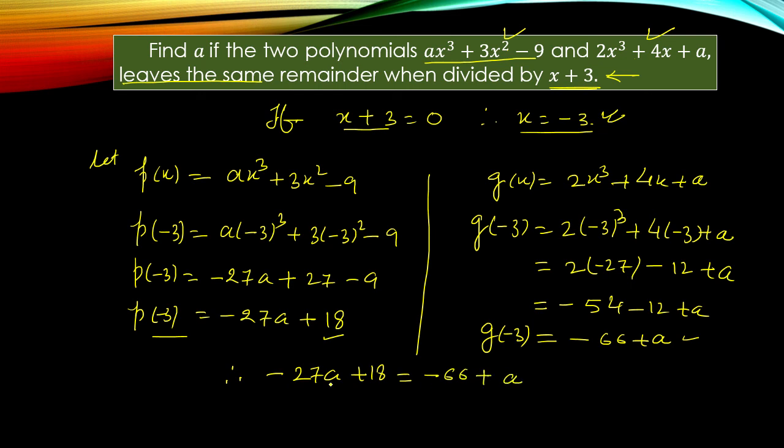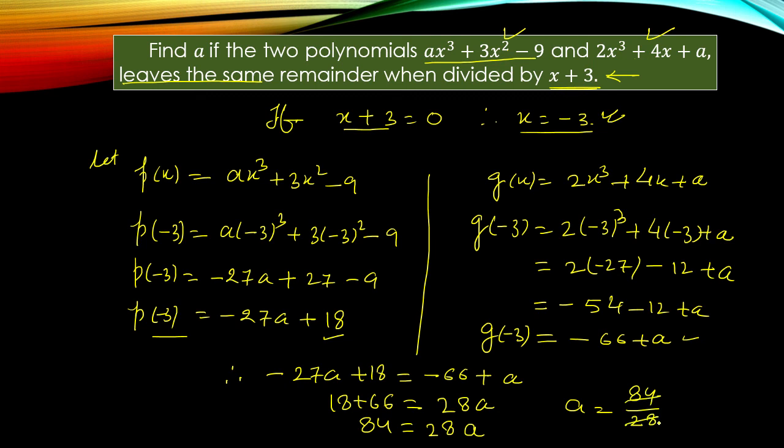We transfer the terms of a: minus 27a transferring towards the right side becomes 28a, and 66 transferring towards the left side, with 18 already there, 66 must be positive. So 66 plus 18 is 84 equals 28a. So the value of a is equal to 84 divided by 28.